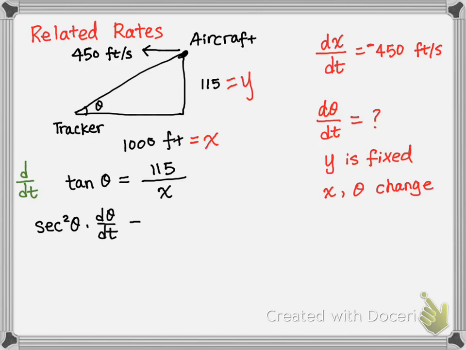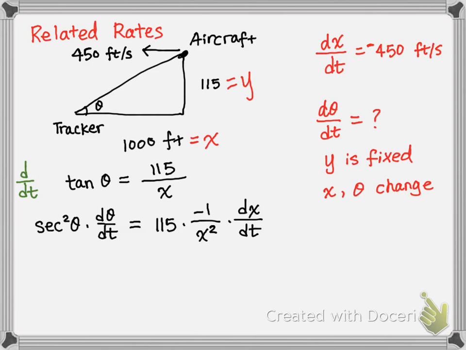That will equal 115 times, what's the derivative of 1 over x? It's negative 1 over x squared. But then it's dx over dt because of the chain rule. And that's a relationship, and then you can solve for d theta over dt.